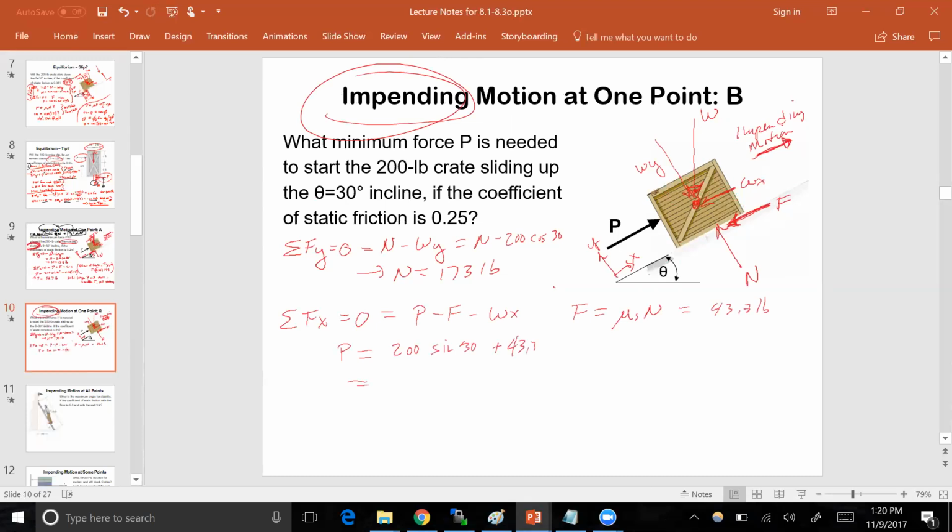And that means it's going to equal 143 pounds. 143 pounds to push that thing up. Does that make sense?